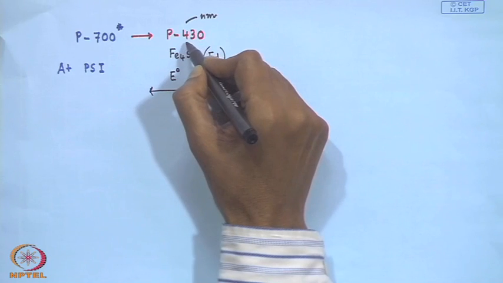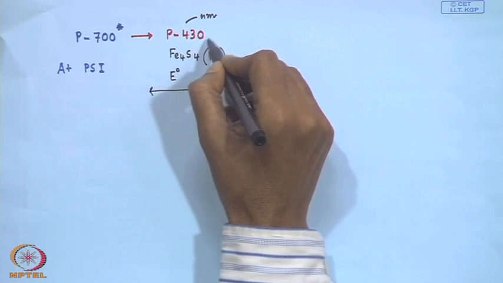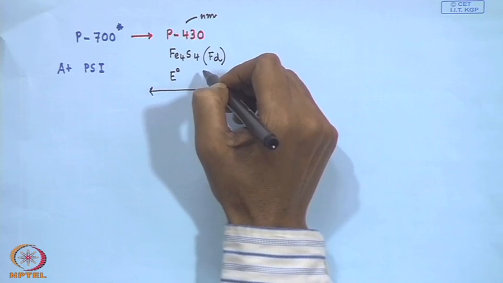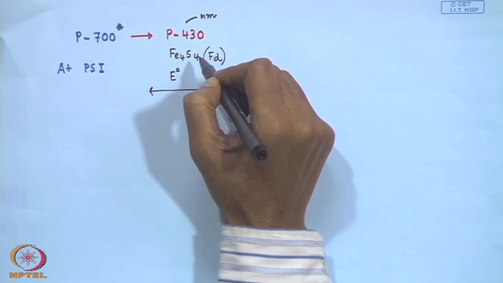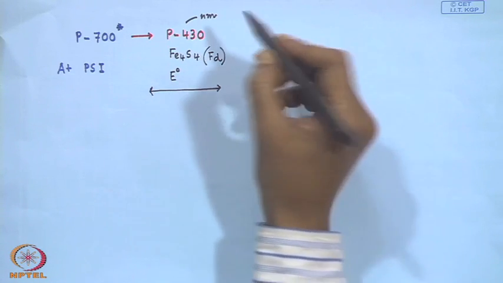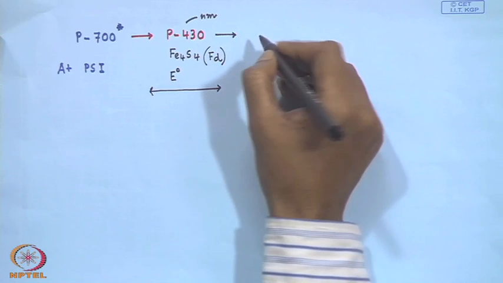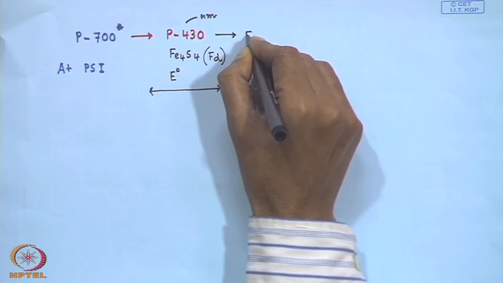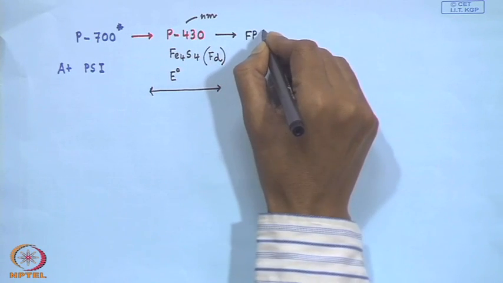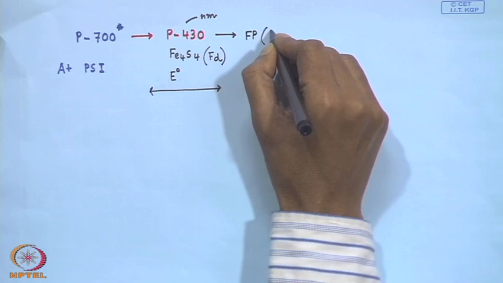So, the electronic absorption is at 430 nanometer for the oxidized form, that means the ferric form of the ferredoxin molecule. Then it is coupled with some flavoprotein. Fp is our flavoprotein.